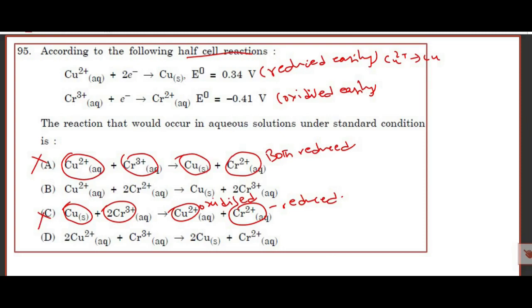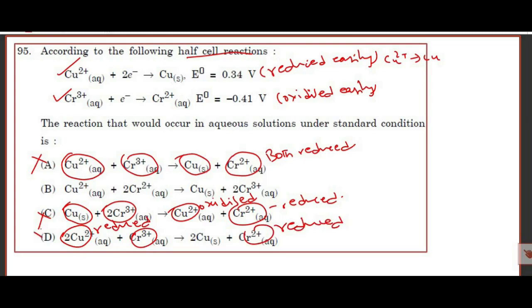Copper should be reduced and chromium should be oxidized. This is the equation from the given equation. Copper should be reduced and chromium should be oxidized. Remember this one. In D also, copper is reduced, chromium is reduced. Both are reduced.